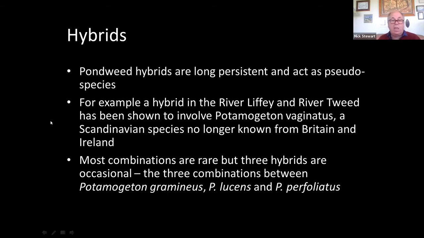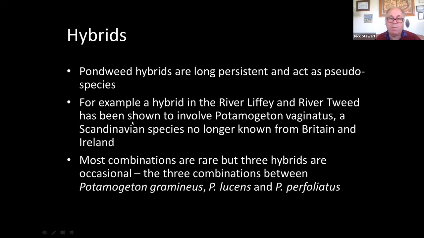And indeed, there is one hybrid in the River Liffey and the River Tweed, which involves a Scandinavian species, which hasn't been in Britain and Ireland for certainly centuries, maybe millennia. And there are other examples. For example, Potamogeton lucens is quite a southern species in Britain and Ireland, and when you get to Scotland, it becomes quite a rare species.